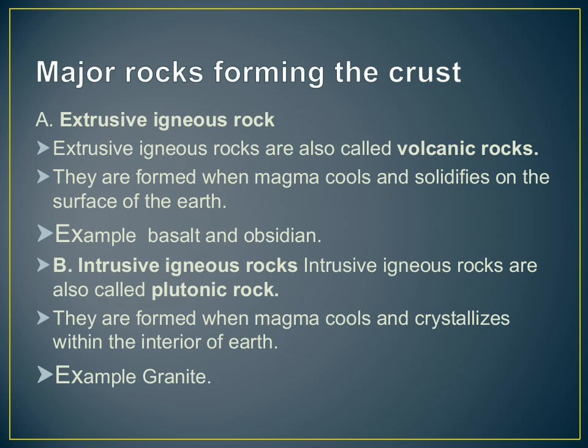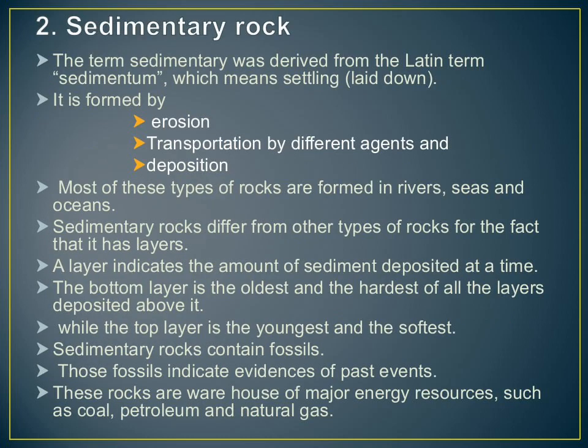So this is all about the two types of igneous rock. The other type of rock which formed the earth's crust is known as sedimentary rock. As I told you earlier, sedimentary rock means layered rock. The term sedimentary was derived from a Latin word, like the term igneous.